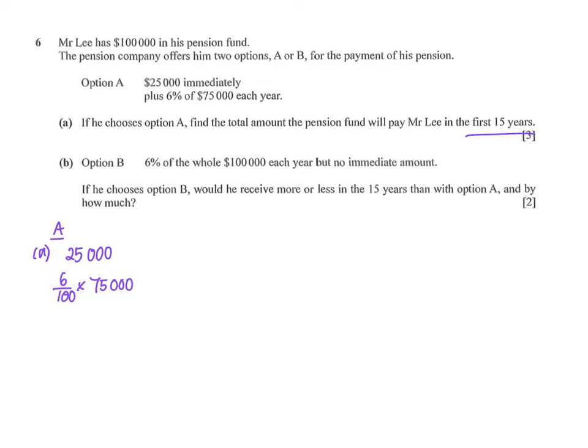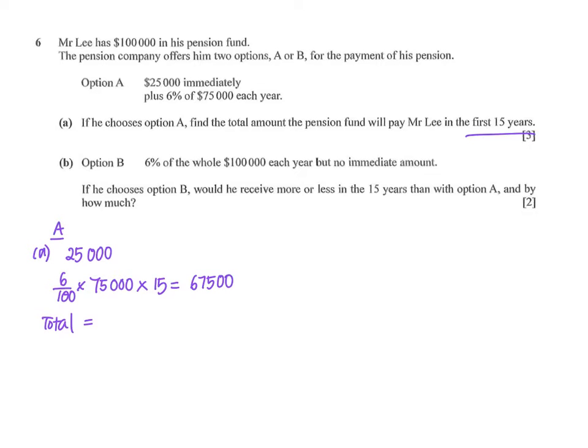So for 6% each year, I'm going to multiply by a total of 15 years, and let's see how much money we'll get. We'll get a total of 67,500. Now, if that's the case, what is the total amount he received for the 15 years?